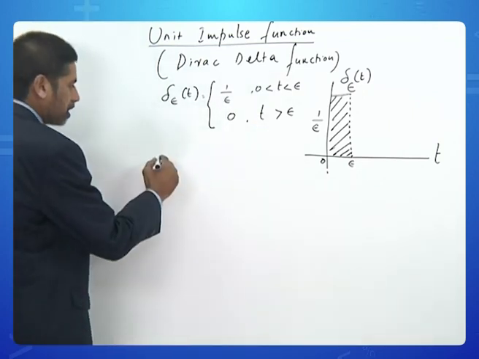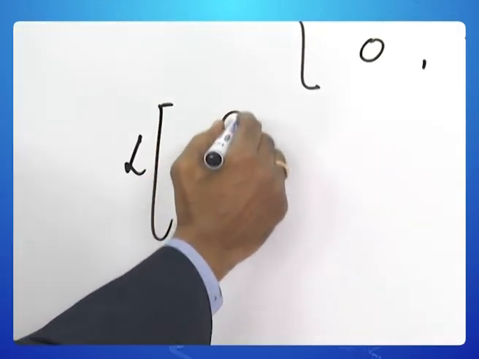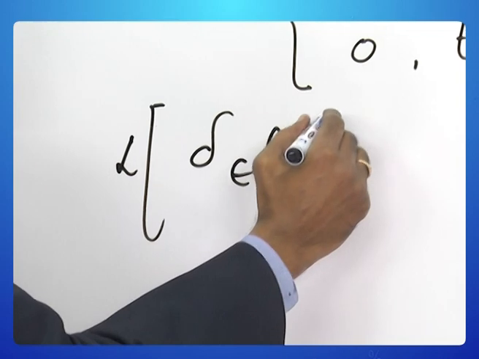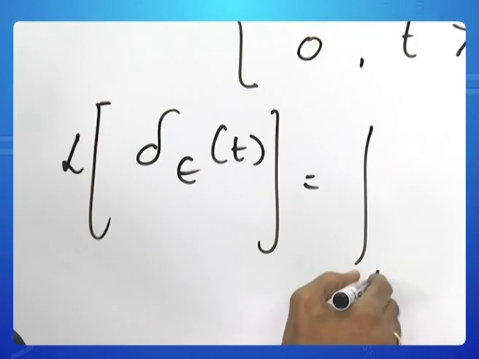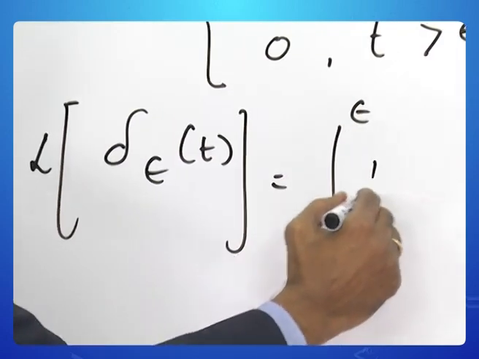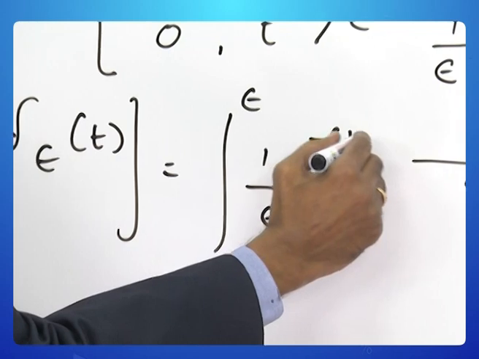Now if you want the Laplace transform of this, Laplace of the epsilon function, you have to only integrate in this interval 0 to epsilon, 1 by epsilon e power minus st dt.